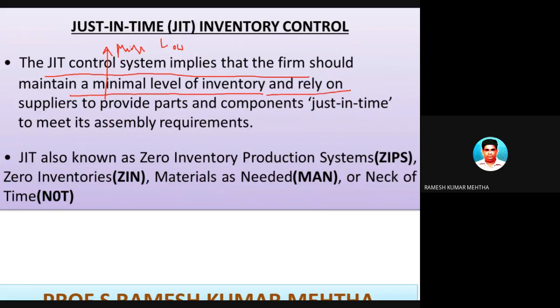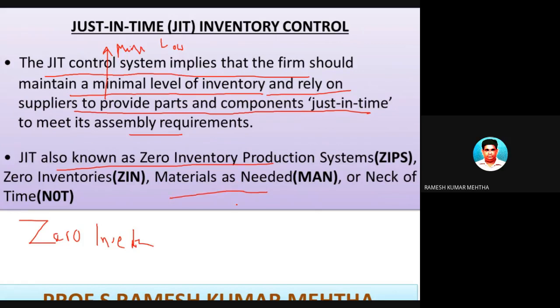It depends upon the supplier being able to supply the goods in time. So just in time is also called the zero inventory production system, meaning you invest zero amount in inventory; zero inventory management system, or materials as per need, or next in time inventory, or zero inventories.